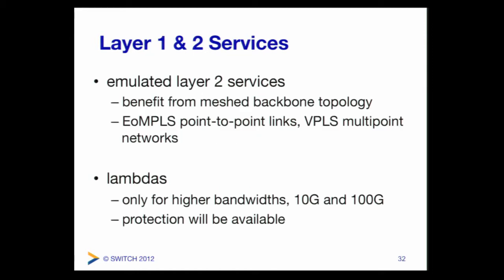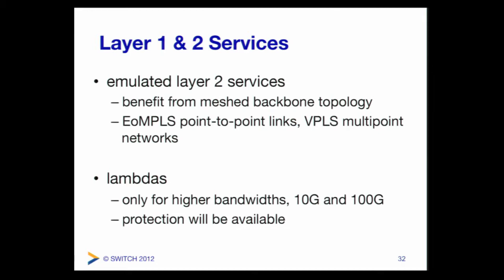Of course, we will not have 100 gigabit routers at all of those red spots, but the smaller organizations will be connected on stub links with switches, just to save money. We have to provide layer 2 services. Our users want them, and there is a real business case because they are willing to pay for it. 10 or 15% of our income comes from those point-to-point links we sell to universities. Those emulated layer 2 services like Ethernet over MPLS or VPLS benefit from a meshed backbone topology and so are rather stable.